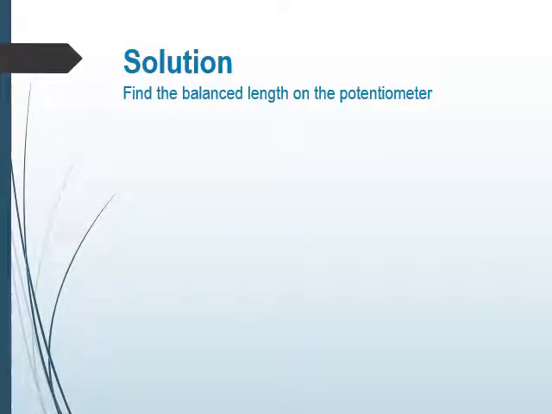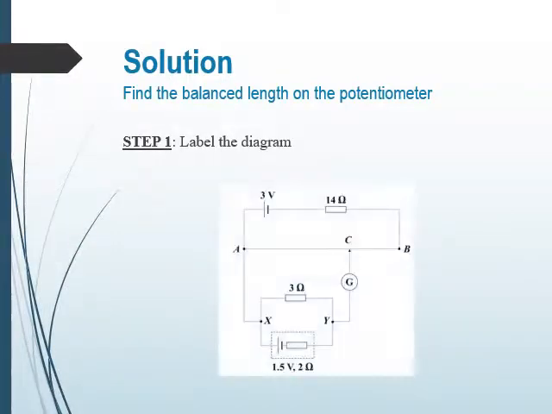So as usual, let us start by labeling the diagram. So this is the diagram, and this is how I'm going to label it: EMF1, EMF2, R1, R2, and the internal resistance R. Now remember, wire AB once again is a wire with resistance.